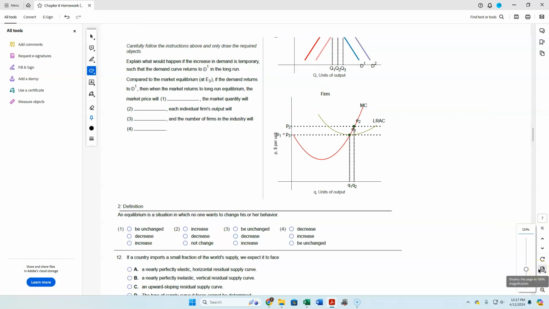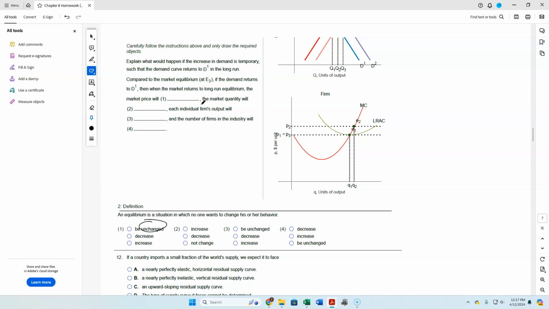Okay. Oh, and then it just asks us to, with those things having been drawn there, the market price is not going to change. In terms of each individual firm, or sorry, the market quantity, let's see here.